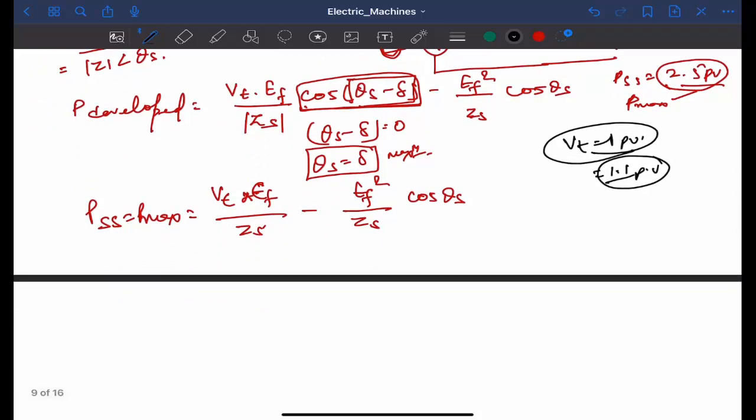So see, P max is 2.5 pu, and terminal voltage is 1.